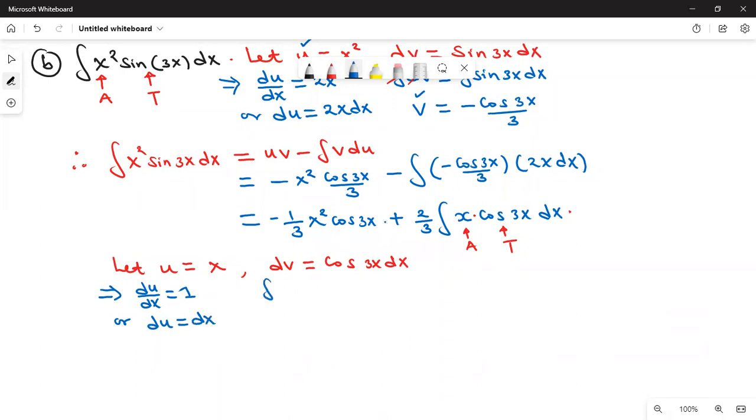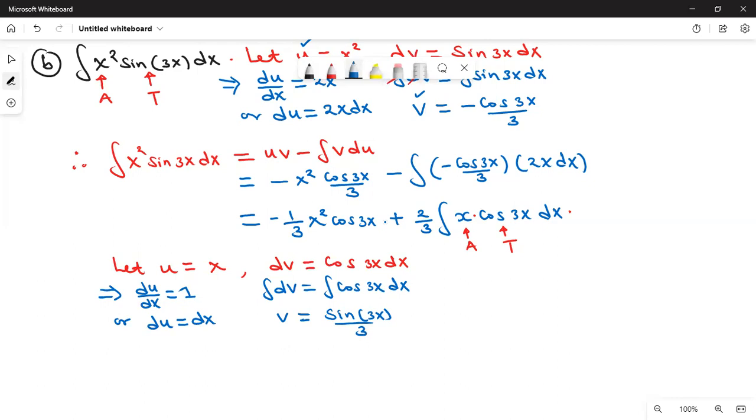And then integrate this other one, dv will be equal to the integral of cosine 3x dx. Of course here we'll have v, so you need to ask yourself, what did you differentiate to get cosine 3x? That is sine 3x over 3.